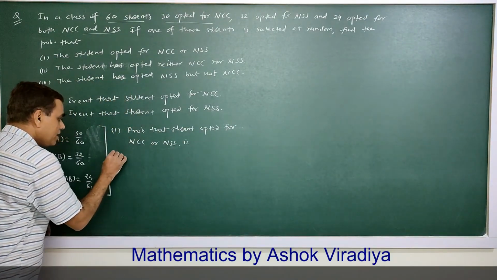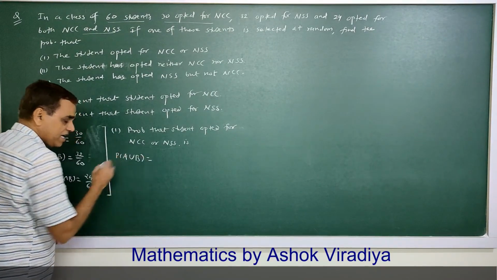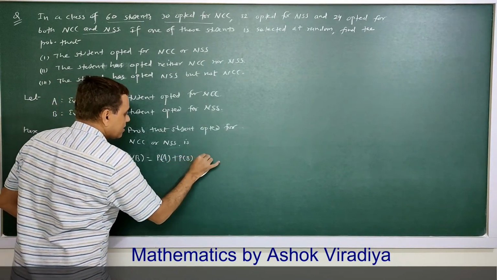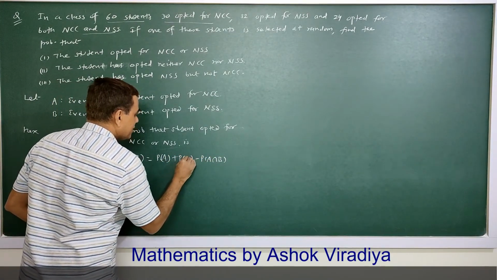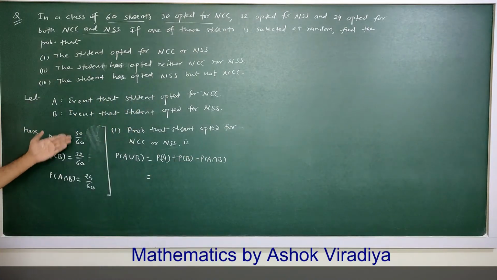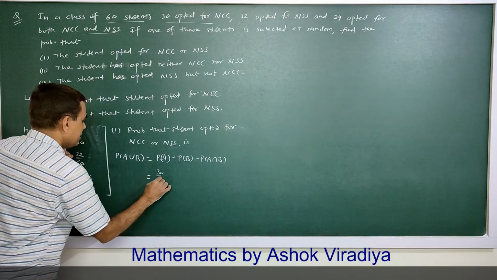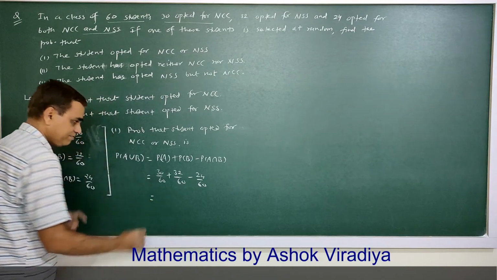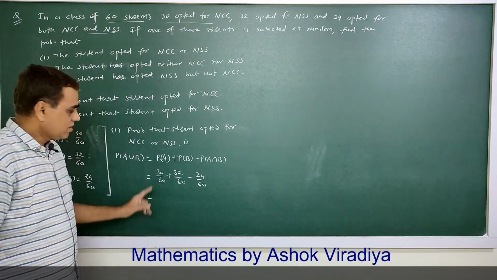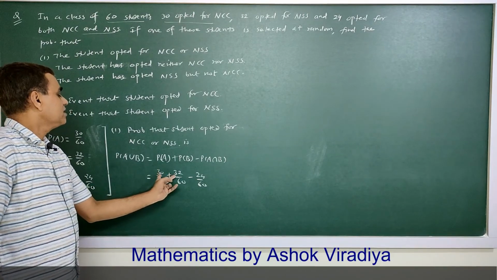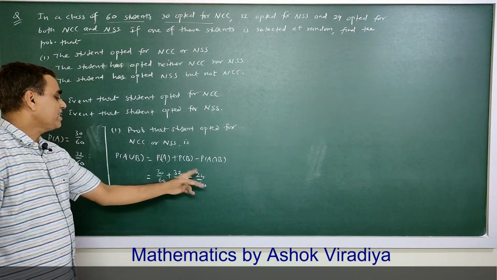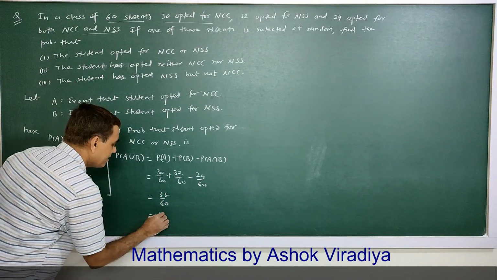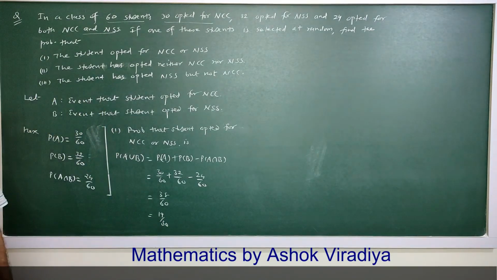That is P of A union B, which is P of A plus P of B minus P of A intersection B. Putting values: 30 by 60 plus 32 by 60 minus 24 by 60. 30 plus 32 is 62, 62 minus 24 is 38, so 38 by 60, which is 19 by 30. So this is the required probability.